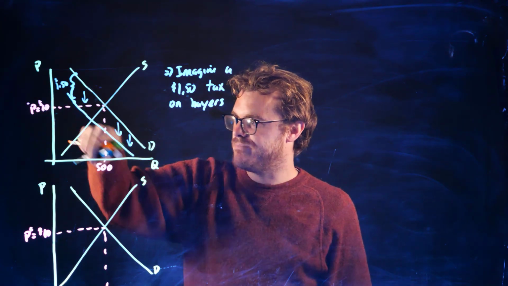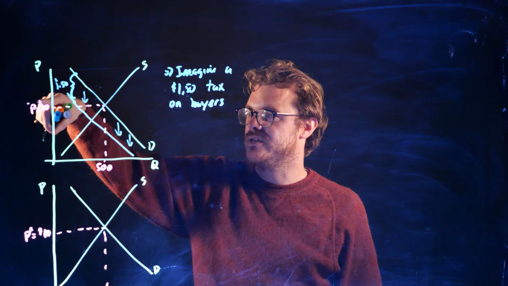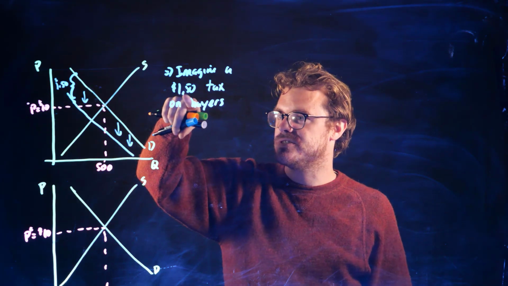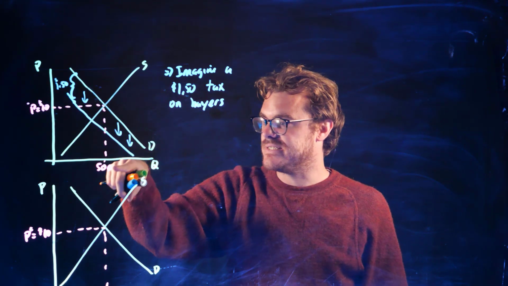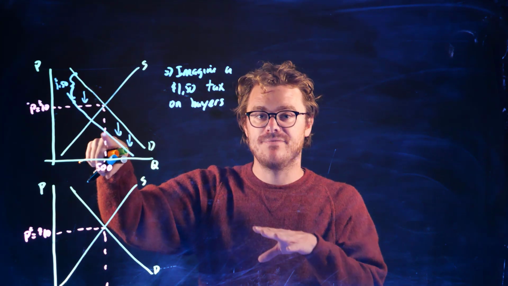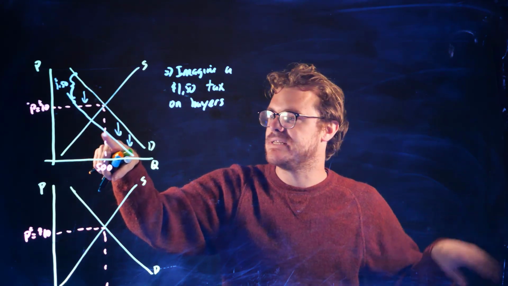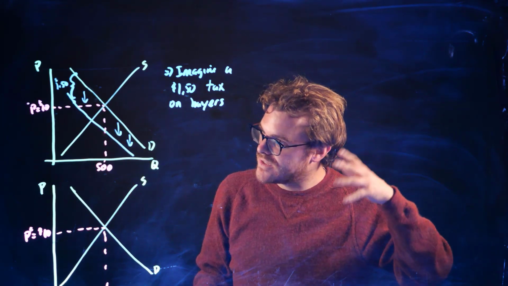The price we used to be willing to pay for 500 pizzas was $10. Well, now that we have to pay this $1.50 in tax to still want to buy 500 pizzas, the price better be $8.50, right? Because we're going to have to put another $1.50 in the Queen's government till. So that's the logic here.